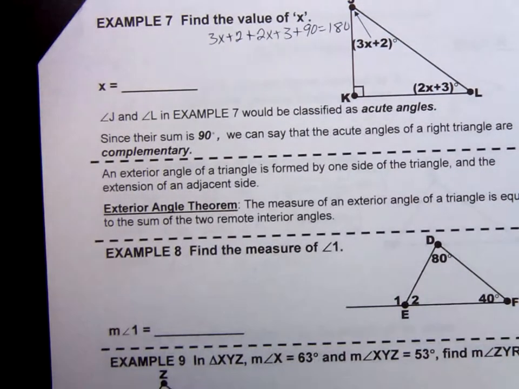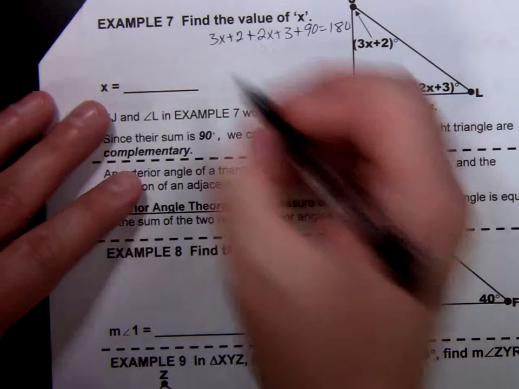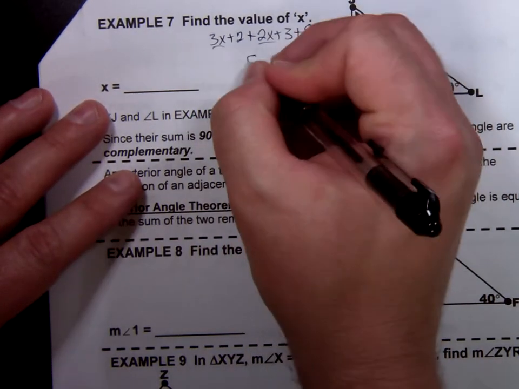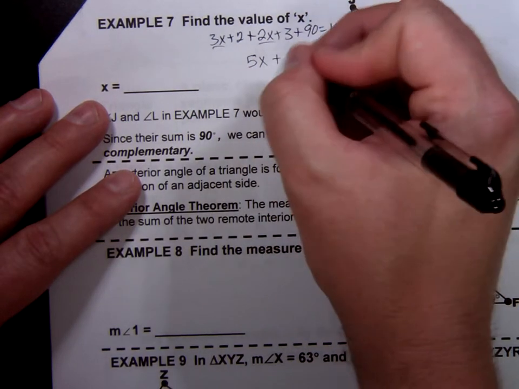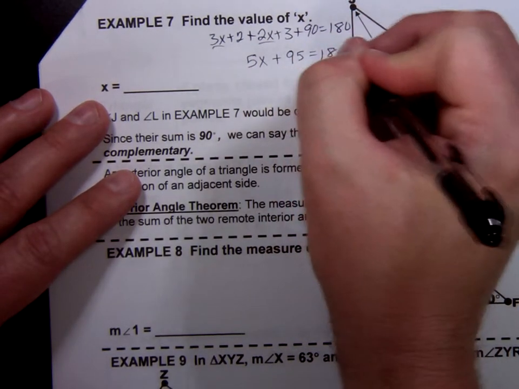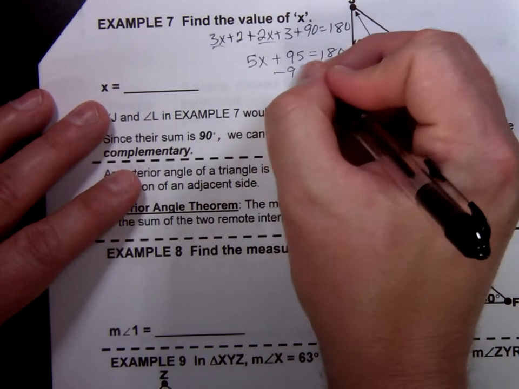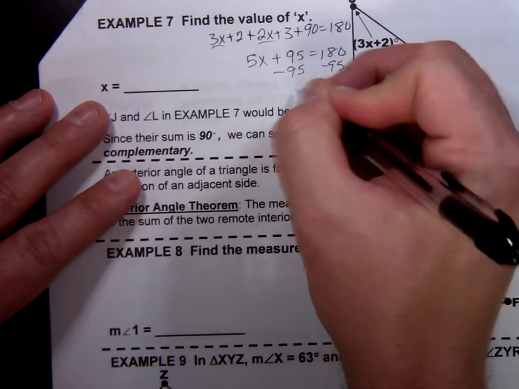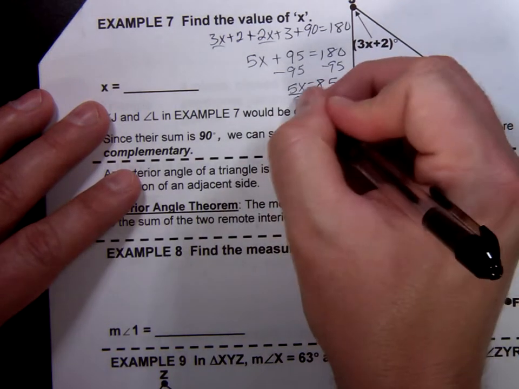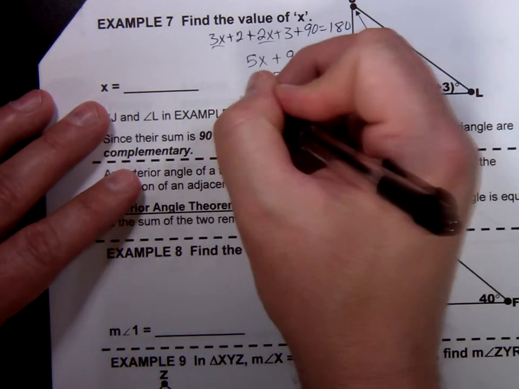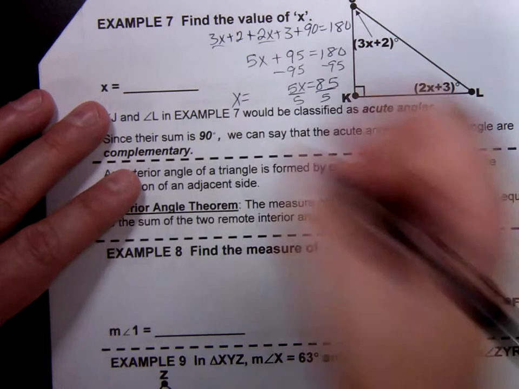So there's the equation. I'm going to combine like terms. 2, 3 is 5. 5 plus 90 is 95. Subtract the 95. And divide off this 5. And we ran out of room right there. Should get x is 17.